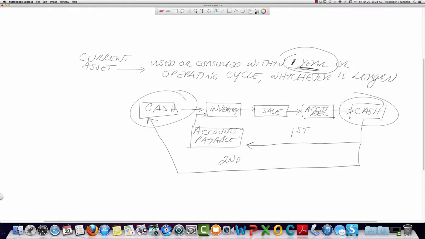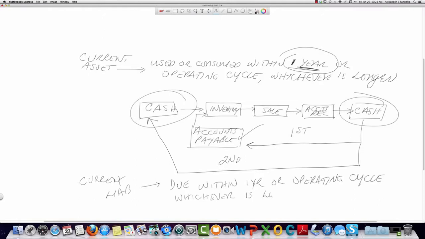Now, current liabilities can be defined similarly. Current liabilities are due within 1 year or operating cycle, and of course, whichever is longer. Okay.